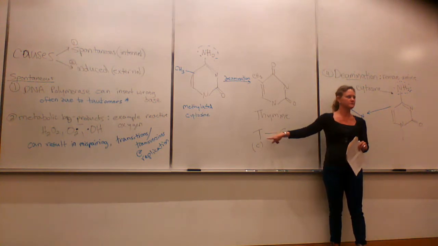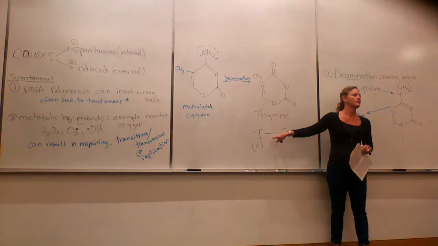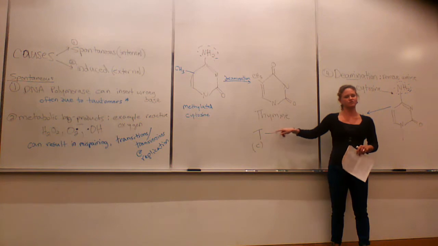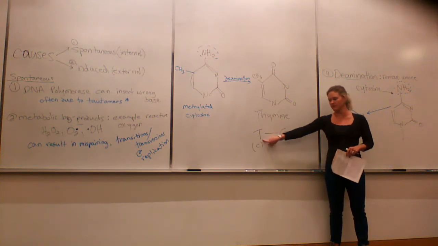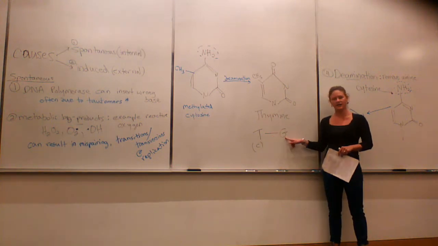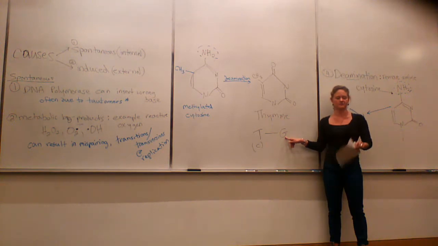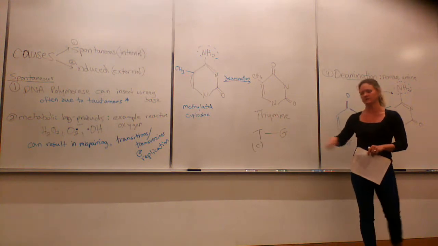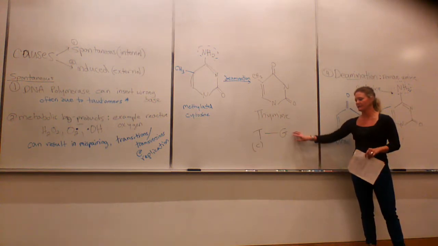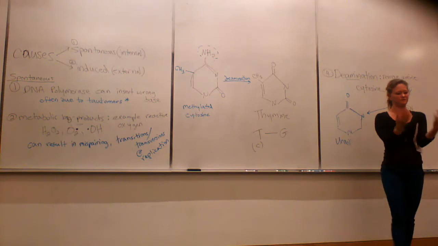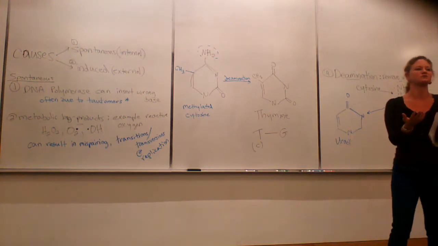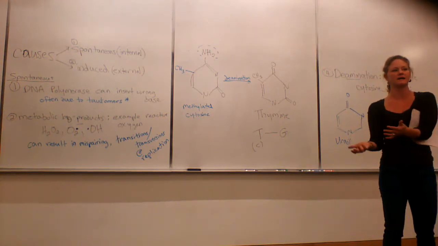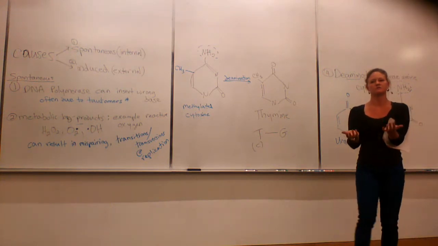And DNA repair mechanisms will see that and want to fix that, but they don't know what the correct strand is. So should they put in a C here, or should they put in an A here to fix the lesion, fix the error? We'll talk about ways that the cell has tried to deal with that, but you can kind of see that if you're faced with this error and you don't know what the original base was, you need some additional mechanism to recognize what the original base was.